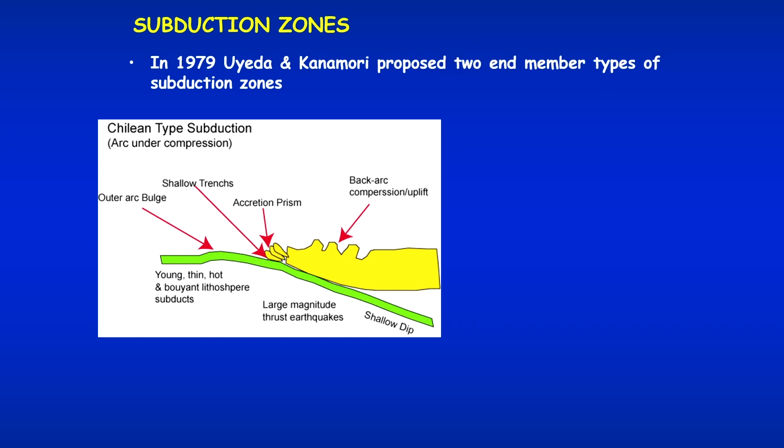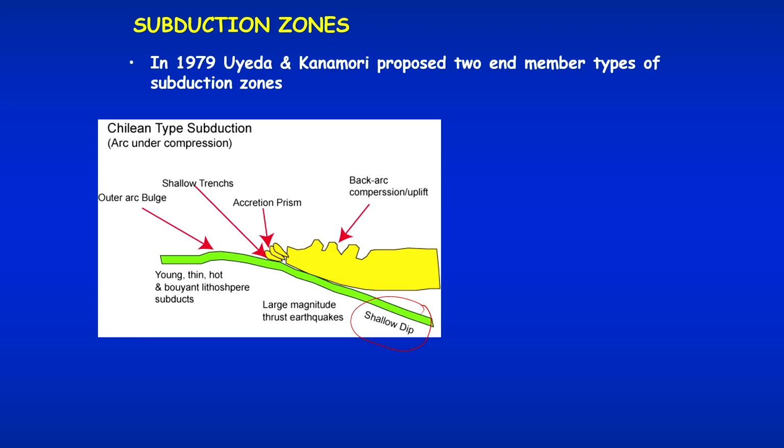So they looked at whether it is shallow dipping or not. This is the Chilean type subduction zone, and this type of subduction zone is basically dangerous in the sense that it has the potential of producing mega earthquakes.